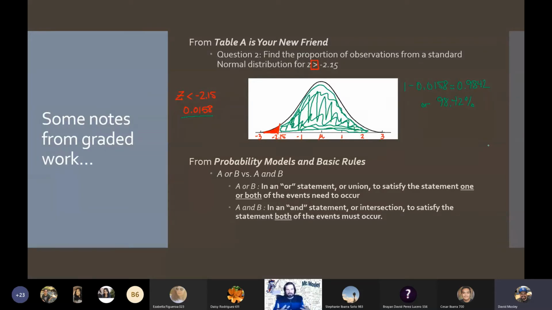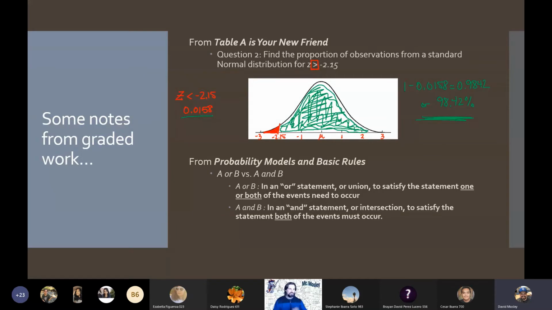Many of you made this mistake. You did all the work and you missed the last step. This is why drawing a picture can be incredibly helpful, because when you recognize we're looking at the green area greater than, it should be clear that the proportion should be relatively large.